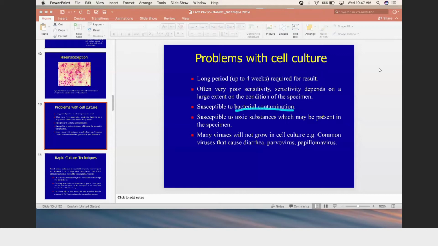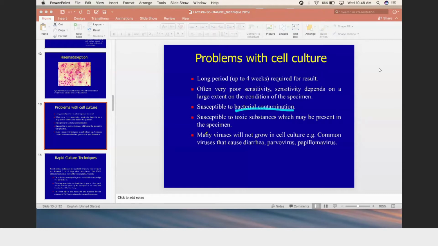And then the specimen may cause toxicity to the cell culture, then the cells will die. Instead of, let's say, the virus causing the death, the toxic substance also can cause death to the cells. So what are the toxic substances? The brain tissue, if you, let's say, homogenize it and then put it in cell culture, this brain tissue is actually toxic to the cells.